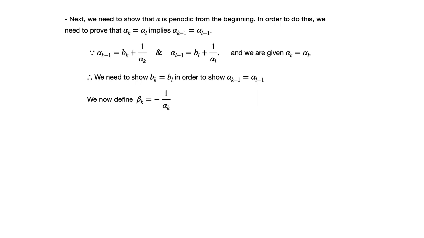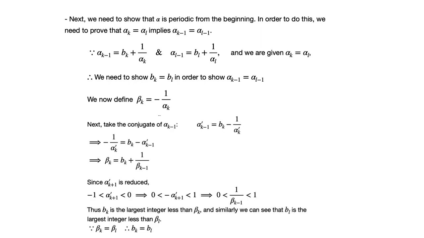So from what we're already given, we can see that all we need to do is to show that b_k is equal to b_l. And to do this, we're going to define beta_k to be minus 1 over alpha_k. Next, we're going to take the conjugate of alpha_{k-1}, and we're going to rearrange it to get beta_k equals b_k plus 1 over beta_{k-1}.